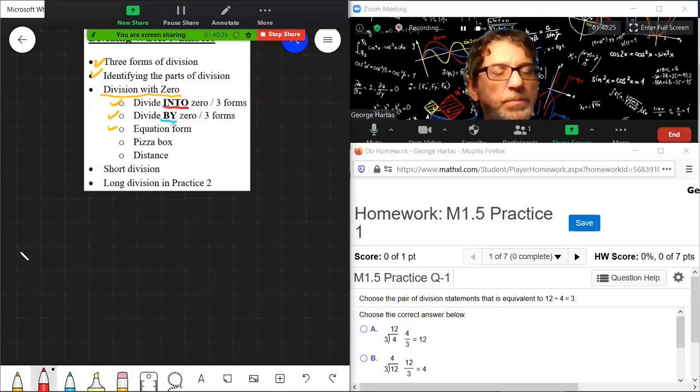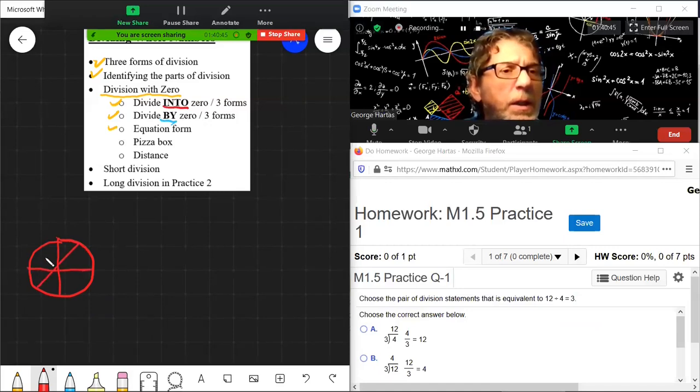All right. So another way to hopefully help you understand and recall and remember when the answer is 0 or undefined. All right, so here we go. So bear with my artistic inability. Here's a pizza box. Okay, there it is. And there's one slice in there.